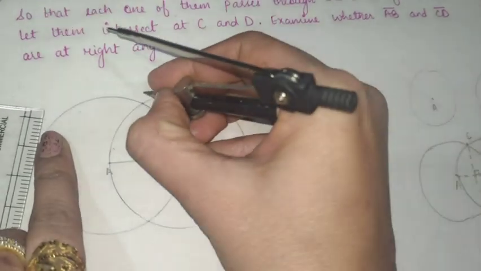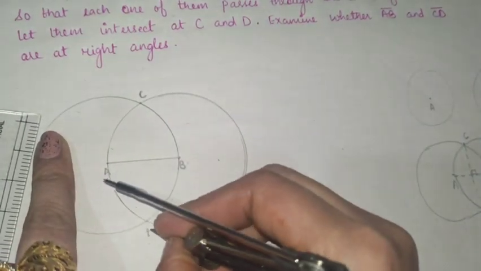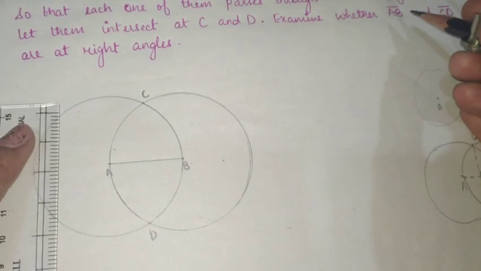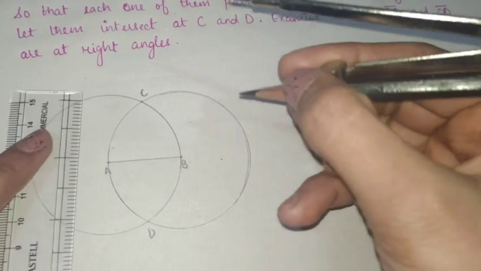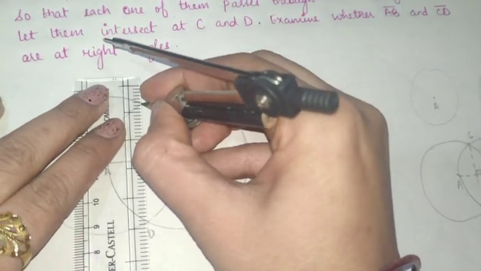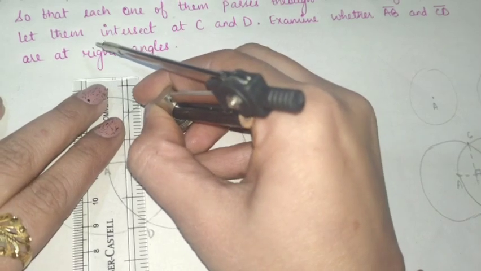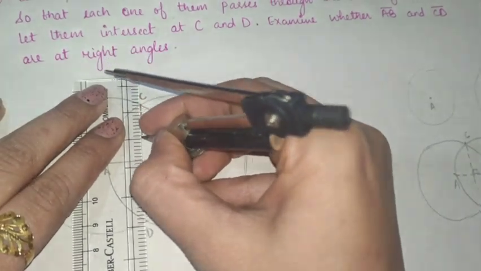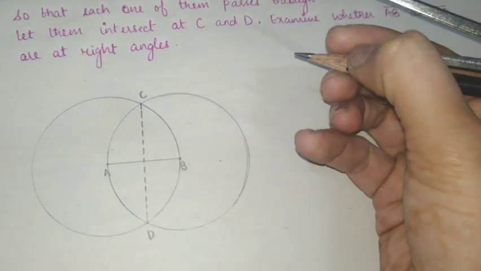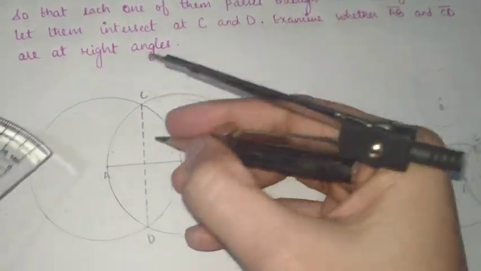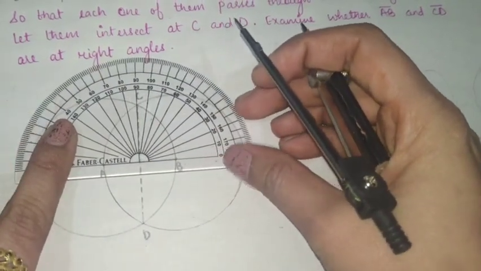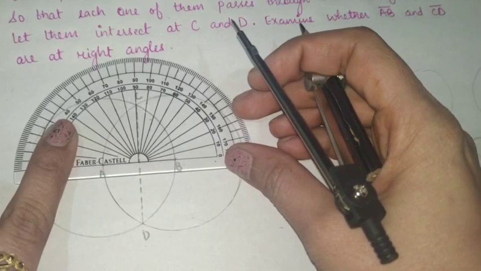I have to name them as C and D, and then I have to examine whether AB and CD are at right angles or not. So I'll just join CD also. Okay, and now I'll measure if this angle is 90 degrees or not. As you can see here, it's clearly 90 degrees.